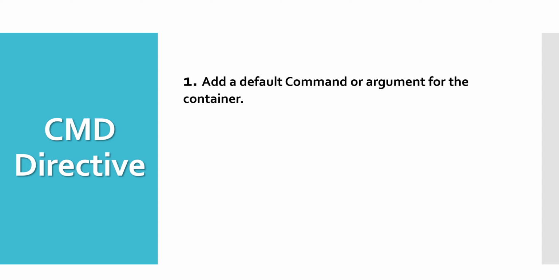When you run the container, this command will execute in the container when it starts. Now CMD command value can be overridden at runtime, meaning you can also pass a command or argument when you are running the container. So your default command will be overridden if you provide any new command.